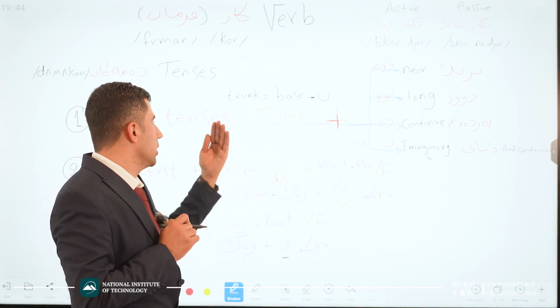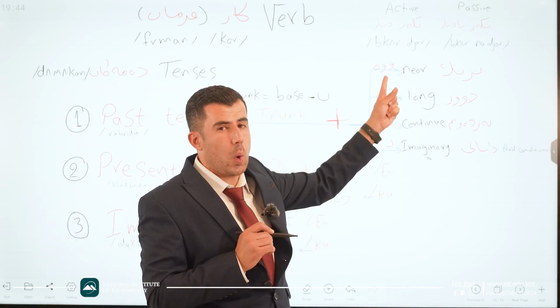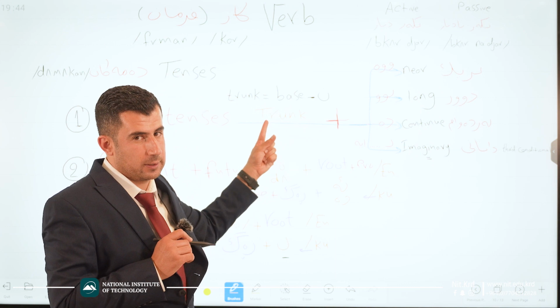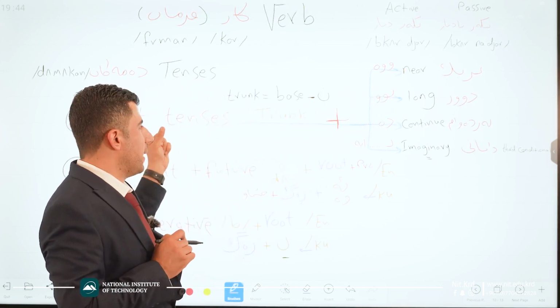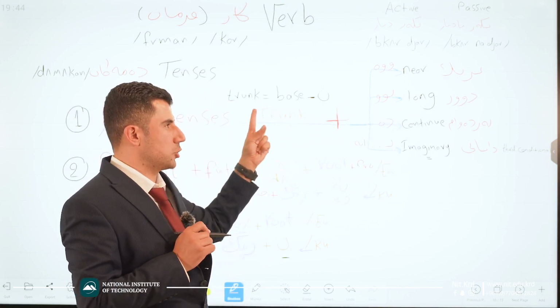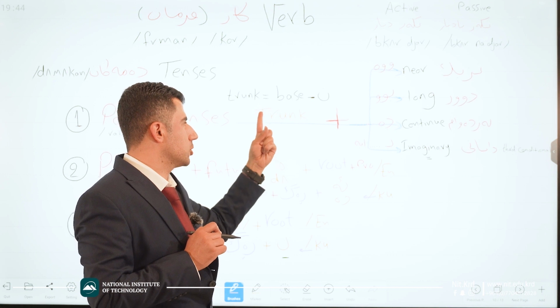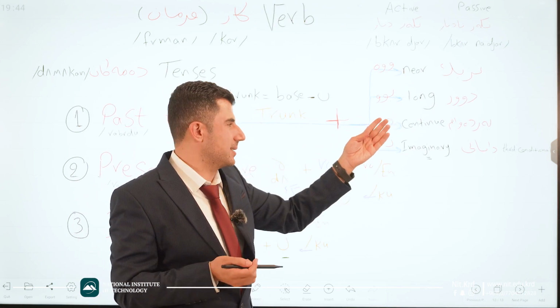After that, for making past near, we add wa to the trunk. Trunk plus wa. For making past long, we add bu to the trunk. It means trunk plus bu. I'll give you examples later.